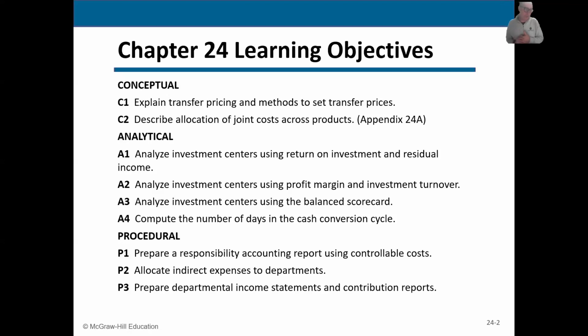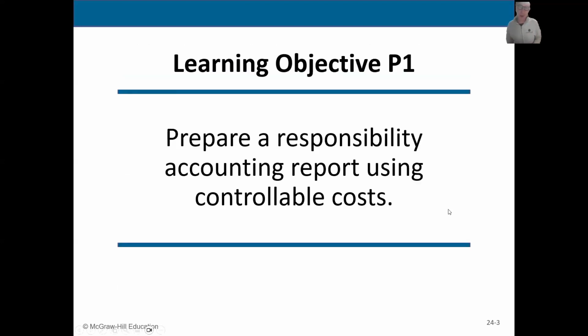It's based off of the levels of production and the capacity of production. That's what transfer pricing is. We'll talk a little bit about that, and I'll help to walk you through that difficult concept. We'll also talk about responsibility accounting and what all that means. So let's go ahead and jump into it.